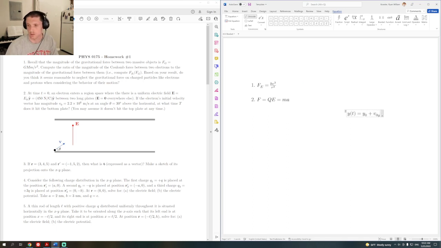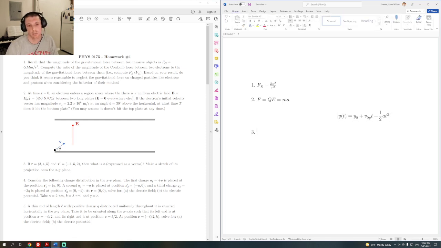It's like this, and I'm going to write minus 1/2 at squared, where I'm just going to take the absolute value of a, because, thinking back to kinematics, this means that the electron is actually going to hit the bottom plate at some time, right?